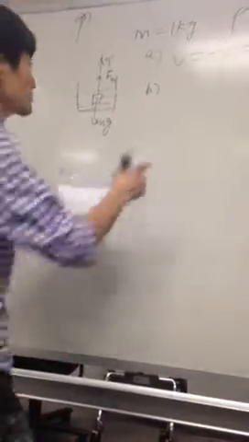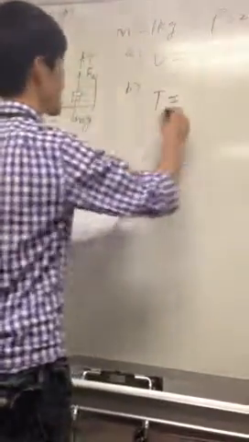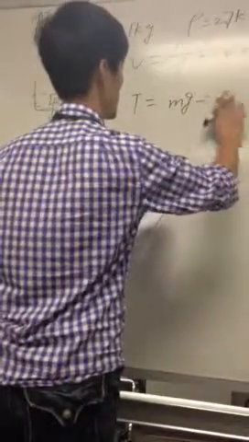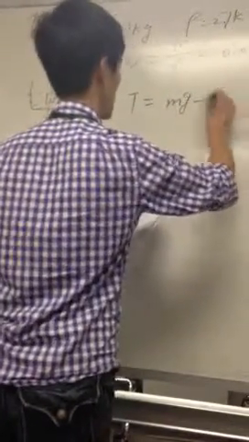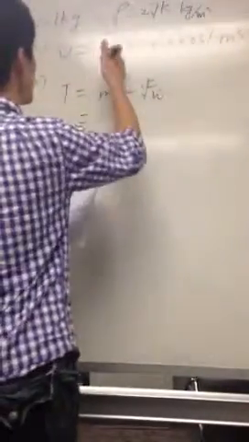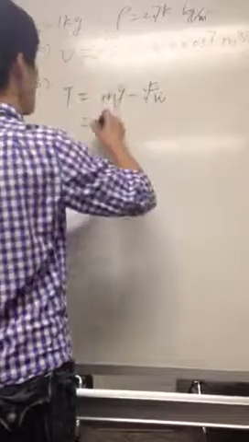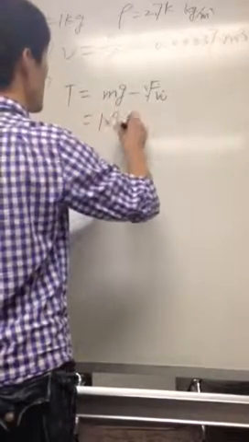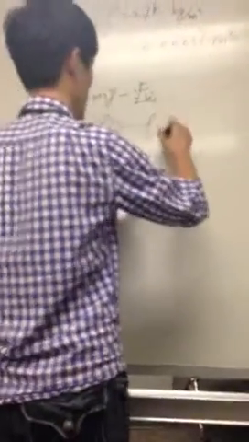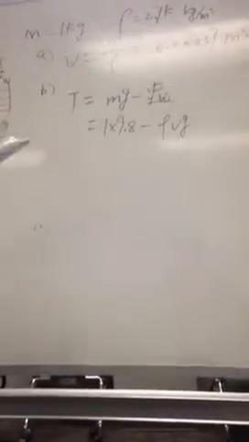So the tension should be gravity minus force from the water, where the gravity is 1 kilogram times 9.8. Force from the water will be density times volume times gravity.